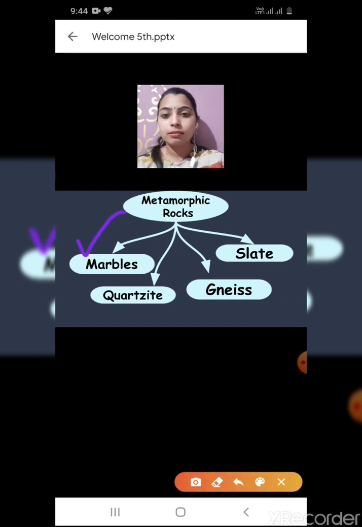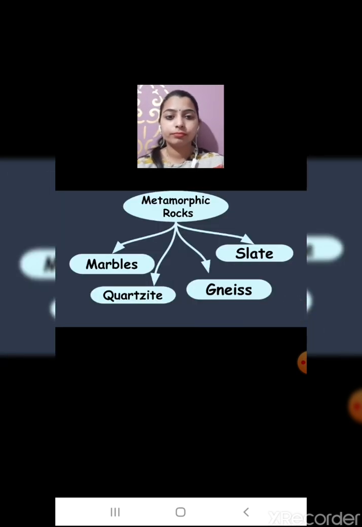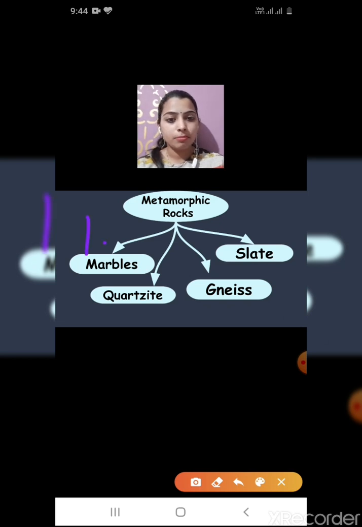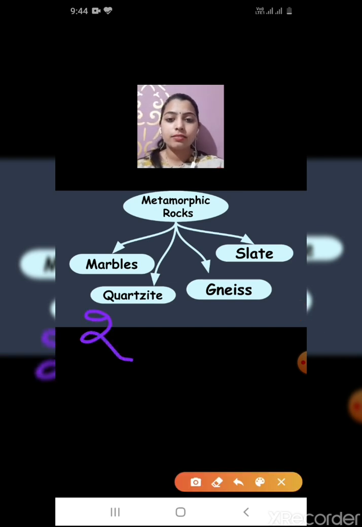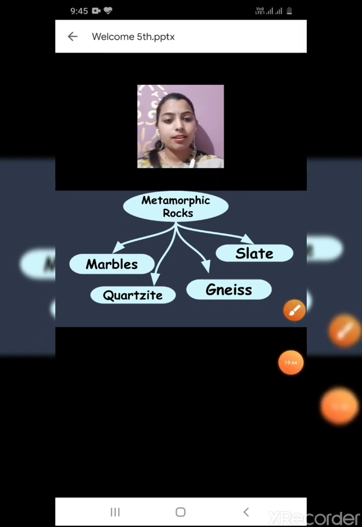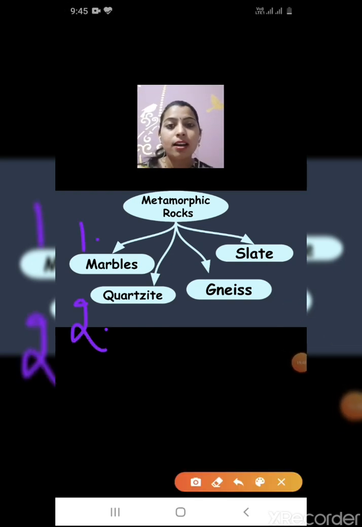First one is marble. Second is quartzite. Third one is gneiss.